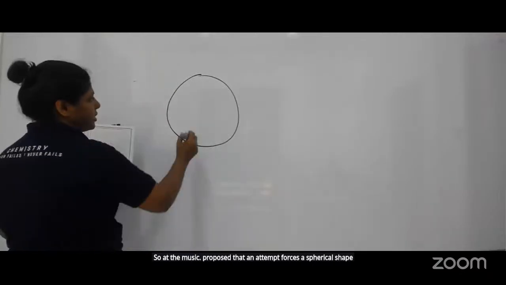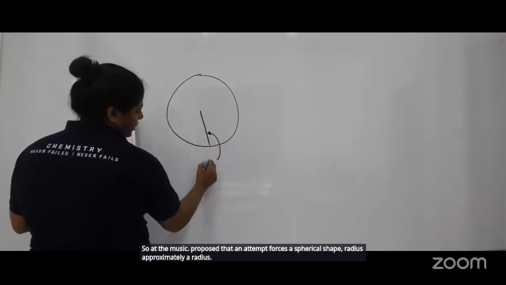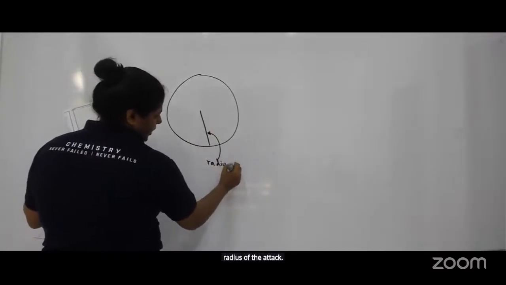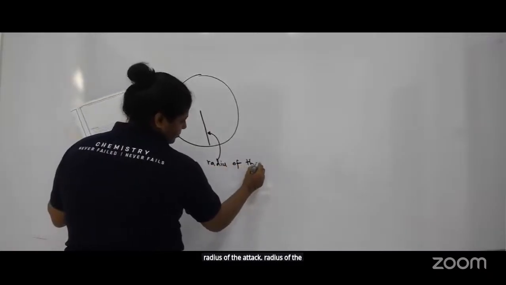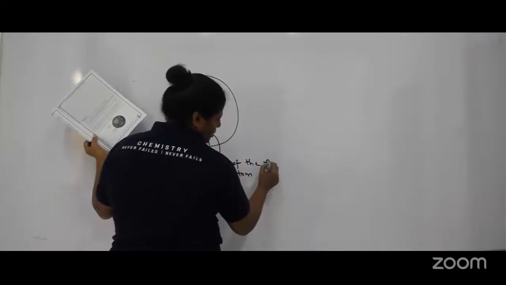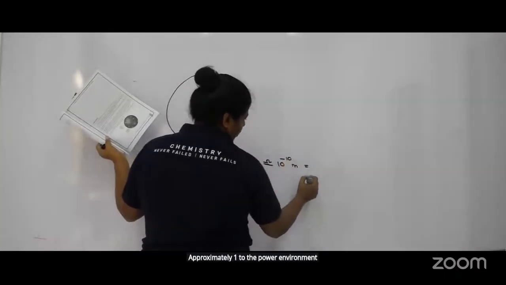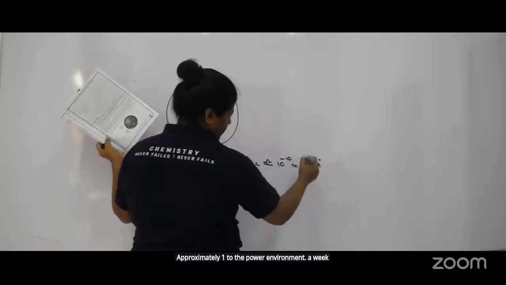Look at the technology of that time: the radius of the atom is 10 to the power minus 10 meters, or we call 1 angstrom. He said the atom is spherical, with radius approximately 10 to the power minus 10 meters.